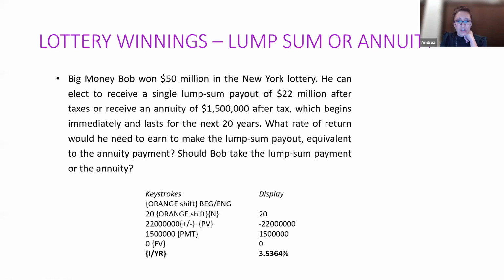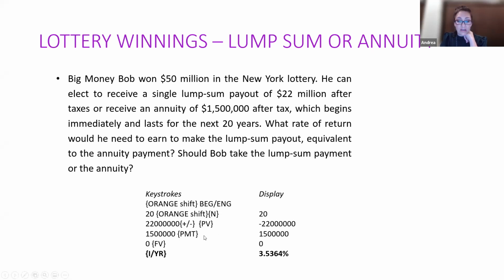And so he's got the $22 million, which is going to be your present value. We have to enter that as a negative number, and this time I have that in the right order. So negative present value. And then we have $1.5 million in payment that he could elect to take.